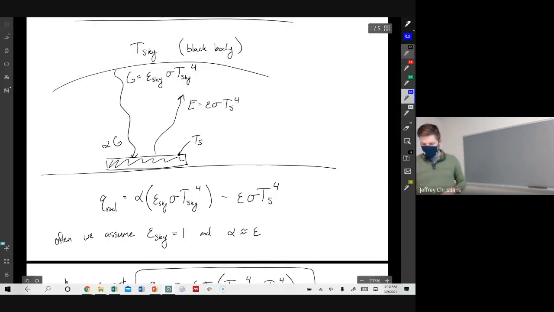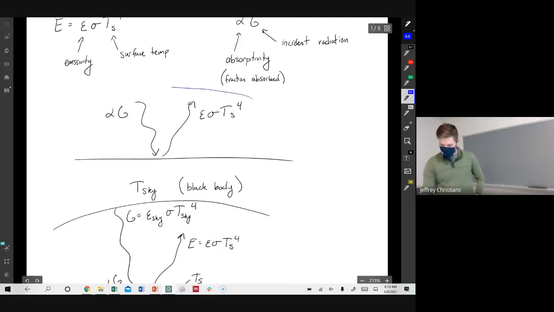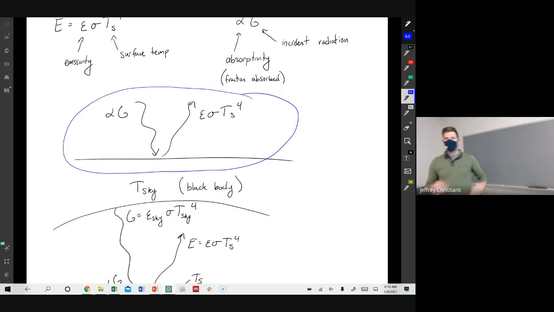And I think, I don't know, for me, this is kind of the picture that I keep in my head. There's always going to be an exchange of radiation at a surface. This is the equation for what's being emitted from that surface.